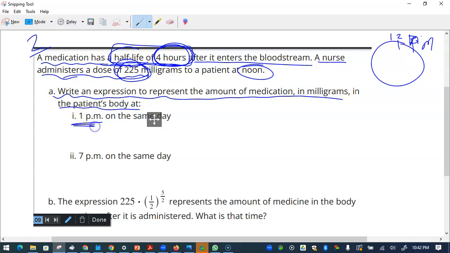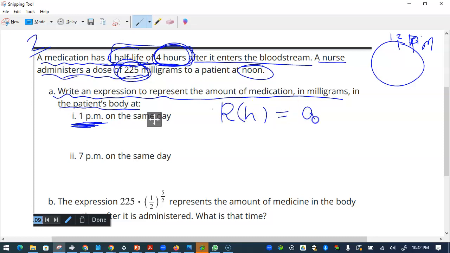at 1, meaning exactly 1 hour. So the formula is how much medicine is remaining. I'll put R as the medicine remaining, and H is the hours.